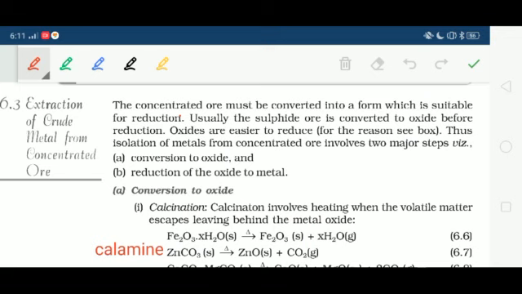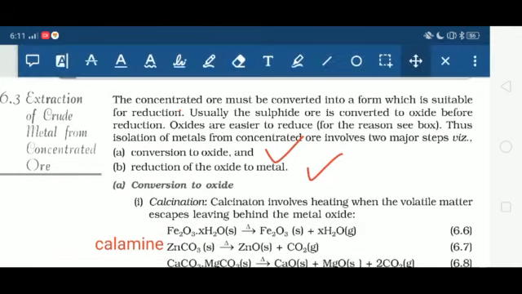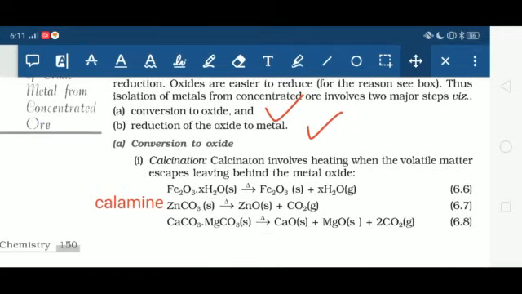So basically, the two important steps involving isolation of metals from concentrated ores are conversion to oxide and reduction of oxide to metal. So first of all, conversion to oxides, and it will involve two processes, calcination and roasting.